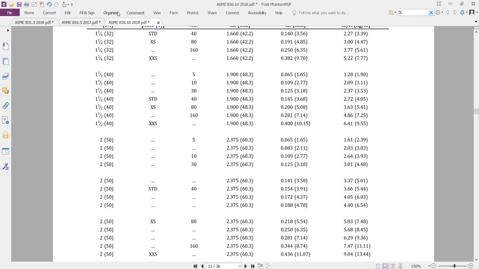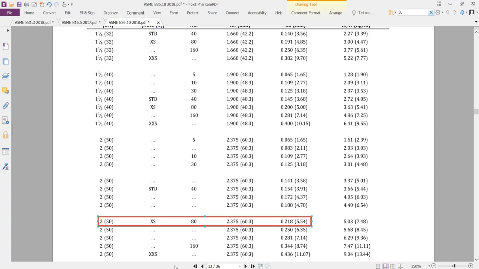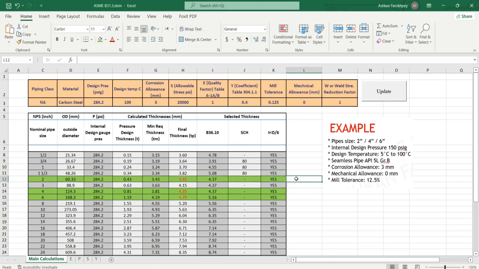Based on this, now let's select the final thicknesses for our pipes. Accordingly, the thickness of the 2 inches pipe would be 5.54 millimeter, although 4.37 is also acceptable.